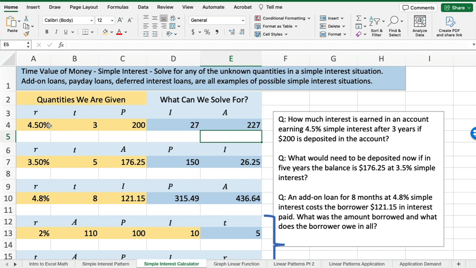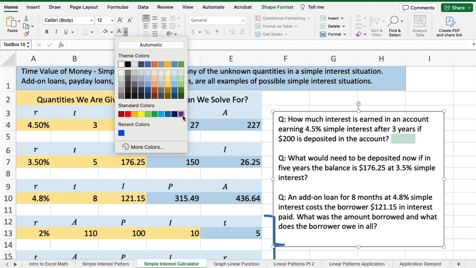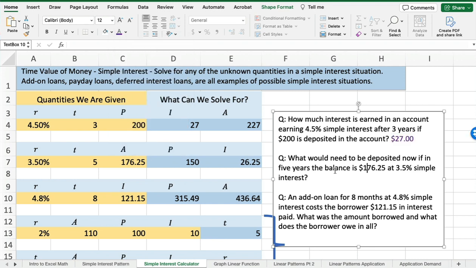So in 3 years at 4.5% simple interest, we would have $227 in the account when we started out at 200. So I answered that question over here, and there's my 27. So I'll see you in the next video.